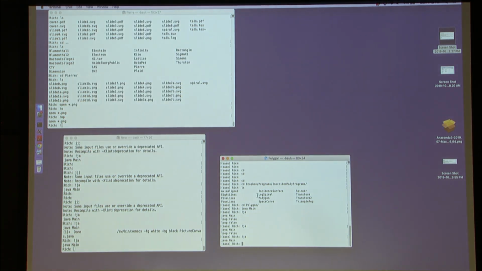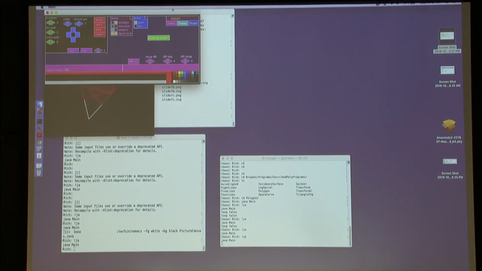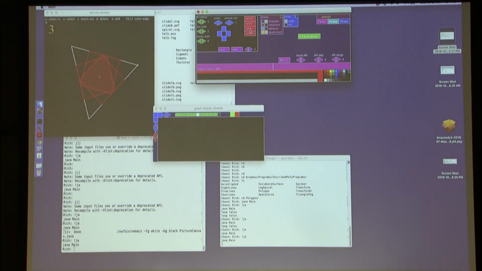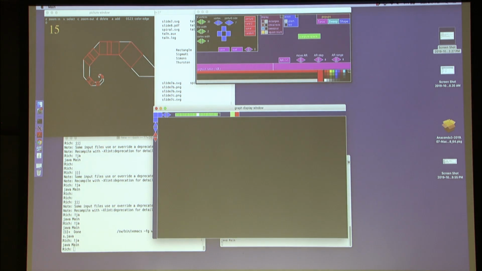I'm going to try one more time, and then I'm just going to move on. Okay, let's see if I can get something. So I'm trying to compute the space.